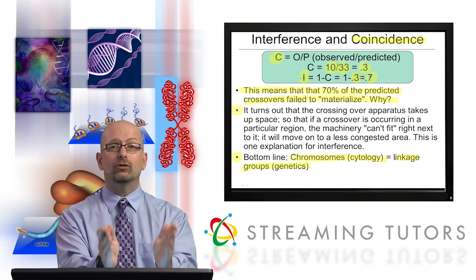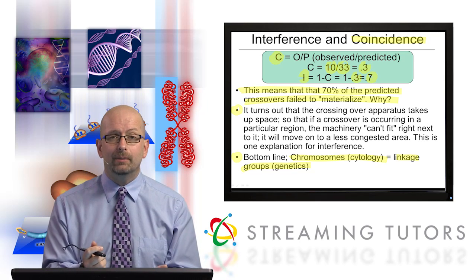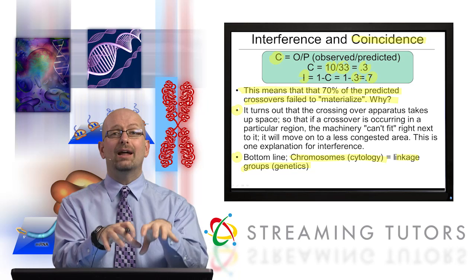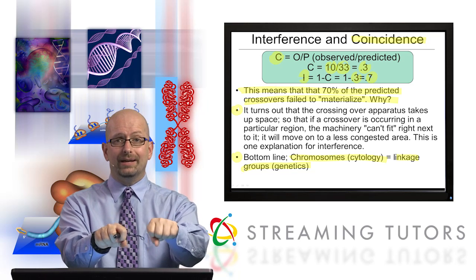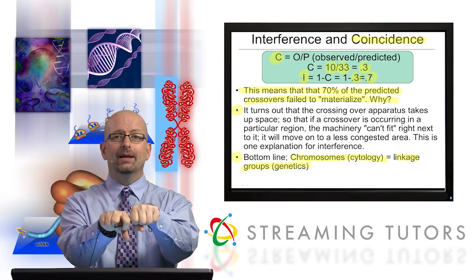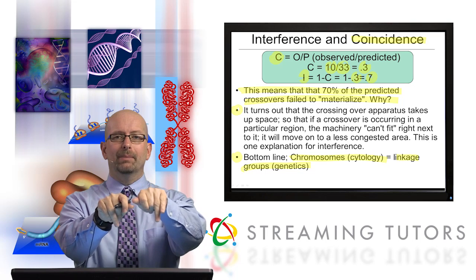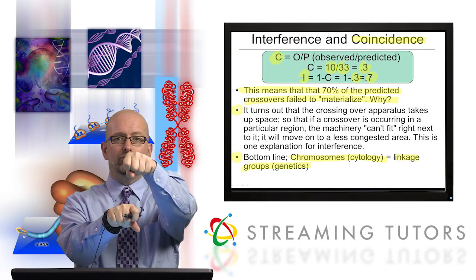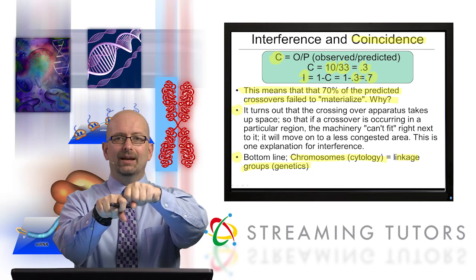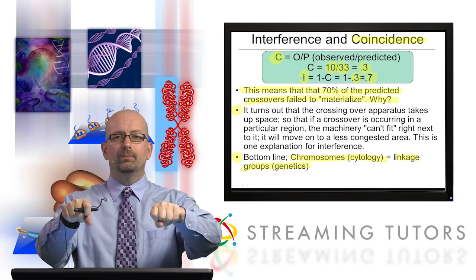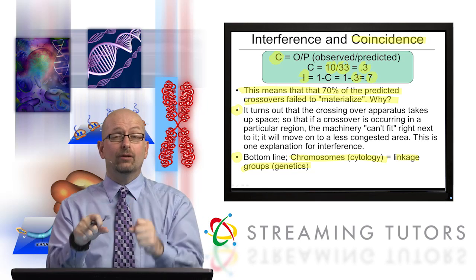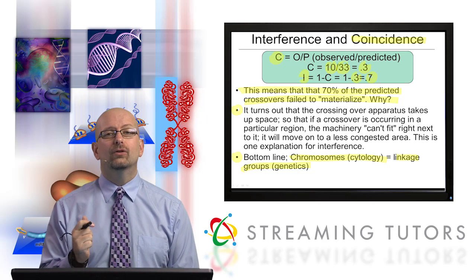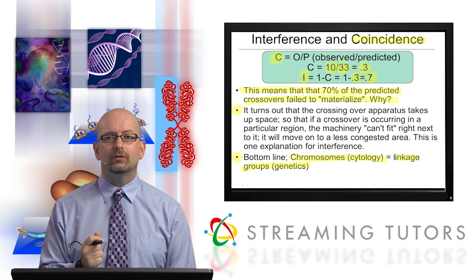If it was just a magic little invisible scissor that went and cut and pasted, this phenomenon wouldn't happen. The fact that it's a lot of proteins and other things together shows that, put it this way, if the middle of my hand was where you wanted to make the cuts and you needed this whole machinery to make it, they can't fit next to each other, so they're going to go apart. They can fit next to each other sometimes, it's just inhibited. All right? So that's interference and coincidence.